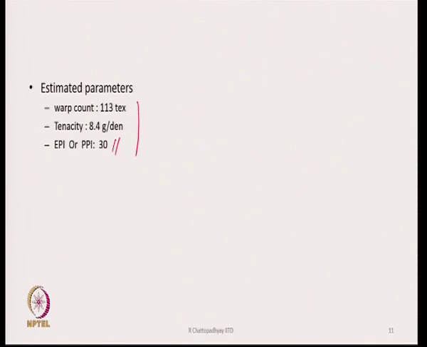With this, now we have to think whether I can get a yarn of exactly this tex. If we do not find a yarn which is available with us, or commercially exactly 113 is not available, then any tex closer to this value we have to finally choose. Suppose 113 is not available, but 115 is available, or maybe 98 or just 100 is available. This kind of practical situation may be there, then we need to adjust.